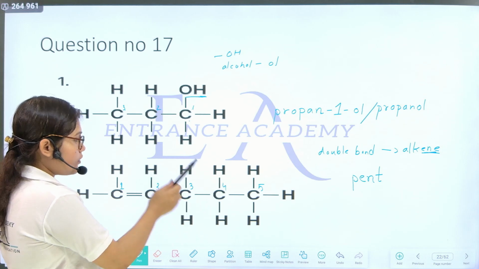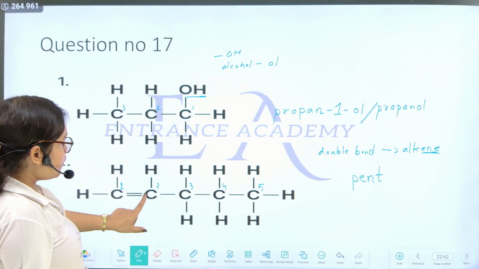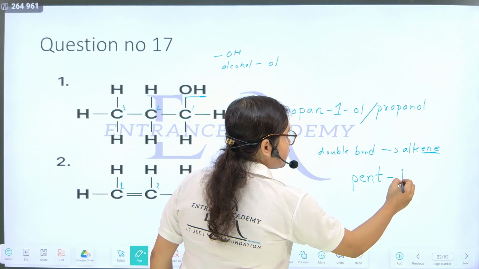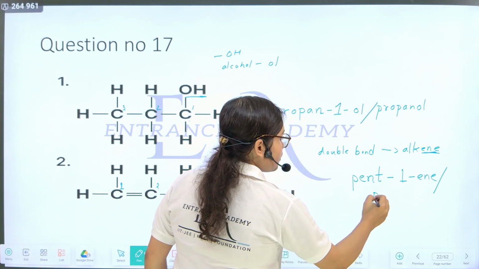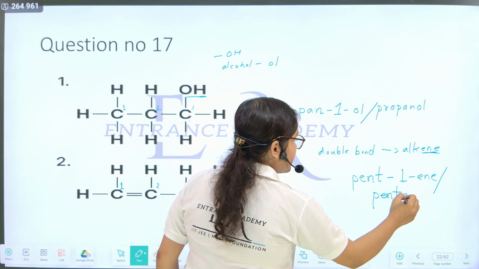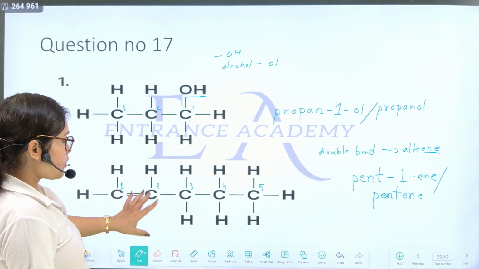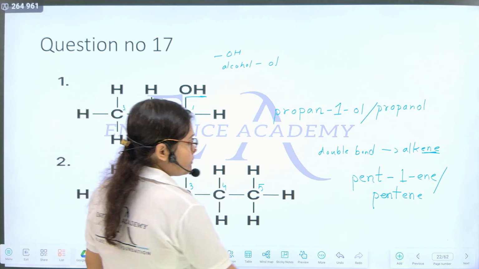So the IUPAC naming of this structure is pent-1-ene or pentene. This is the IUPAC naming of this structure, just because double bond is present at the first number of carbon.